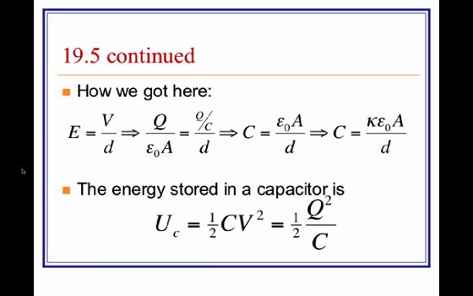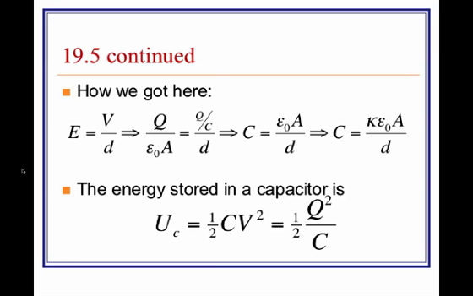Then, if we think back to chapter 18, the electric field within a parallel plate capacitor is also equal to the amount of charge on one plate over the area of that plate, and it also depends on the permittivity of free space. Now if we set these two ideas equal to each other, we get the charge divided by epsilon naught and the area is equal to the voltage, which we can rewrite using the capacitance equation as the charge over the capacitance divided by the distance.